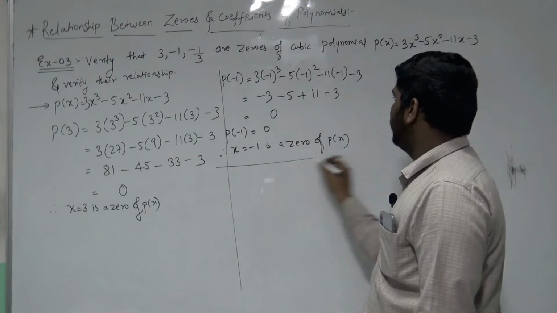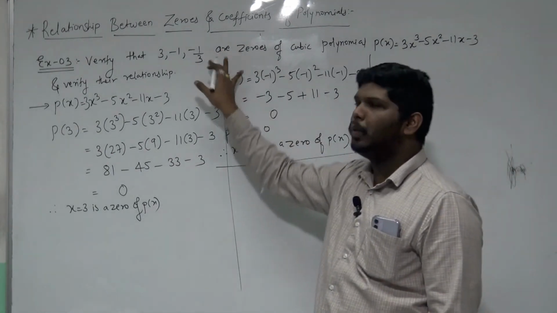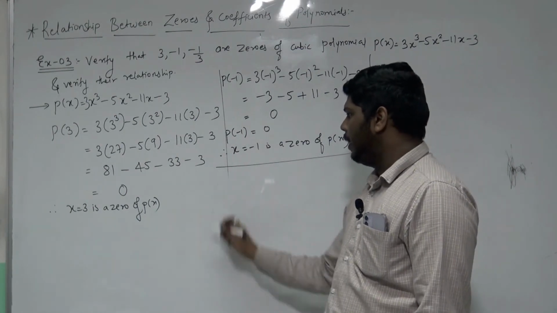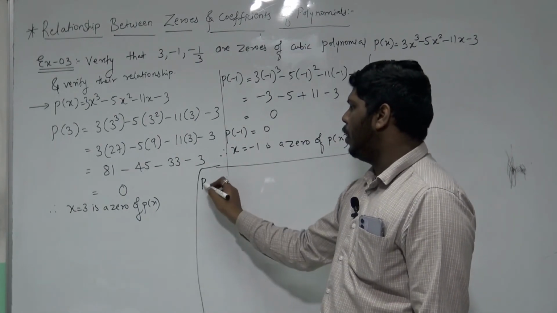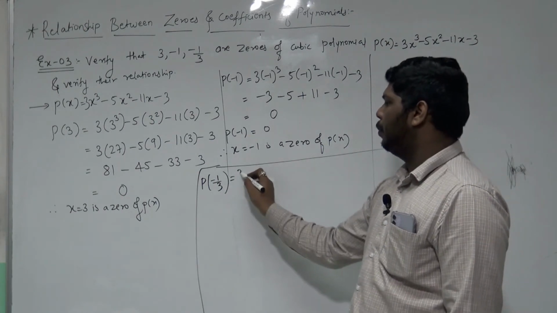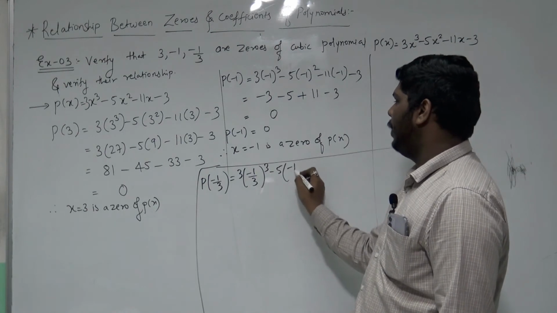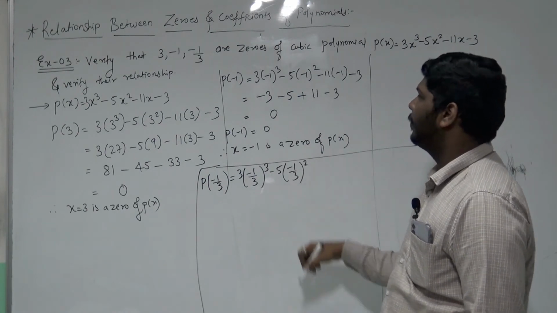Now let us verify for the third value also. What is the third value given to us? Minus 1 by 3. So slowly we will solve now, since it is a fraction, correct? P of minus 1 by 3, this will give me 3 into minus 1 by 3 the whole cube minus 5 into minus 1 by 3 the whole square, correct?